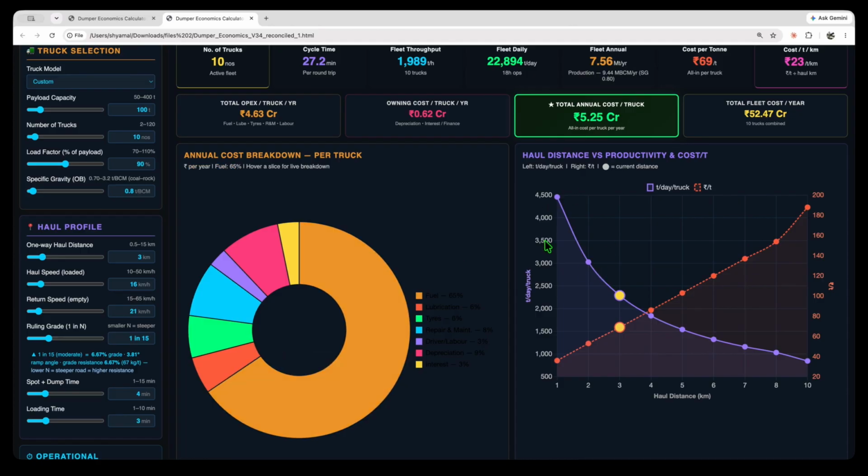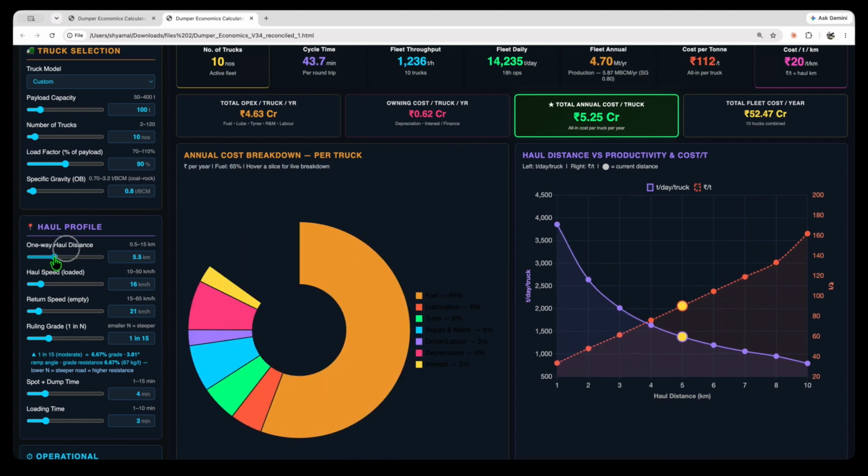Then the distance versus productivity cost chart. This is drag. So if I increase the one-way haul distance, this will change.